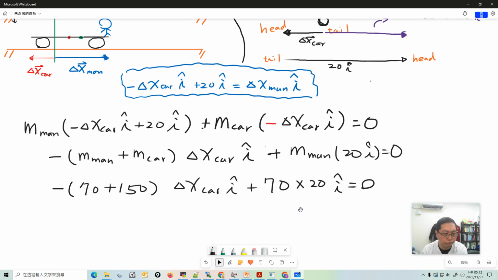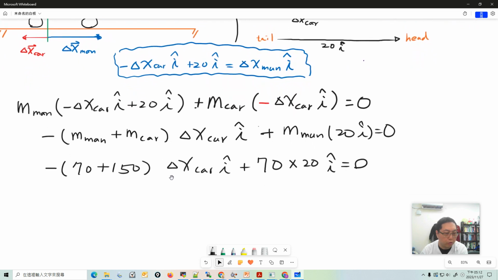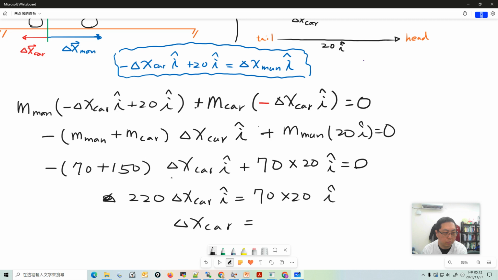So the sign convention is annoying. 220 delta x car equals 1400.